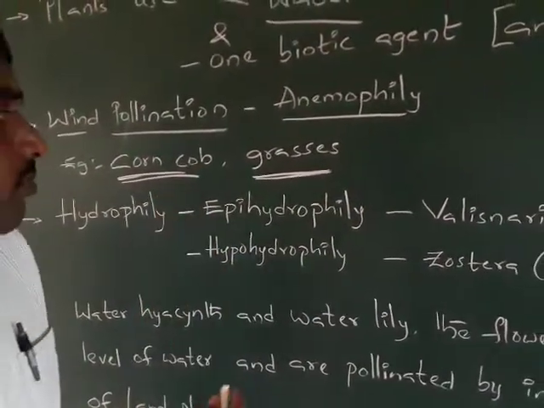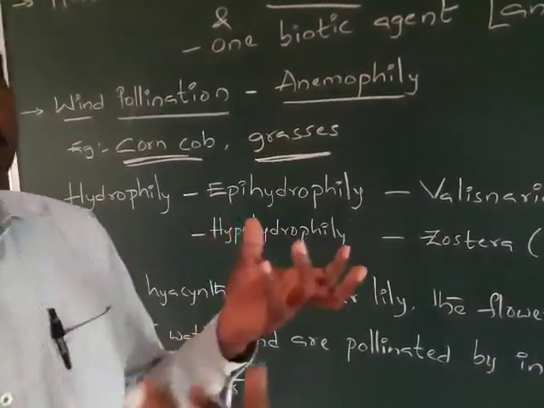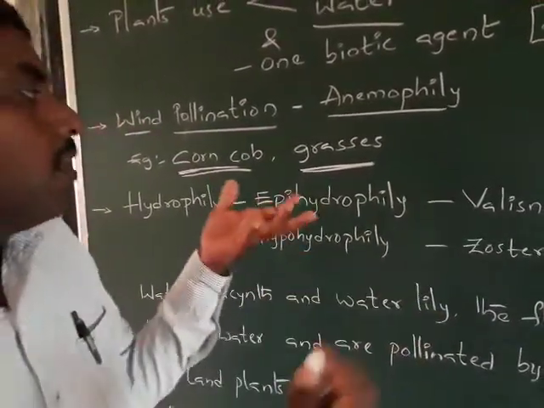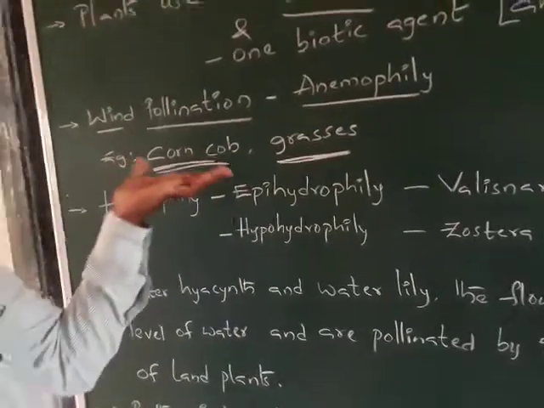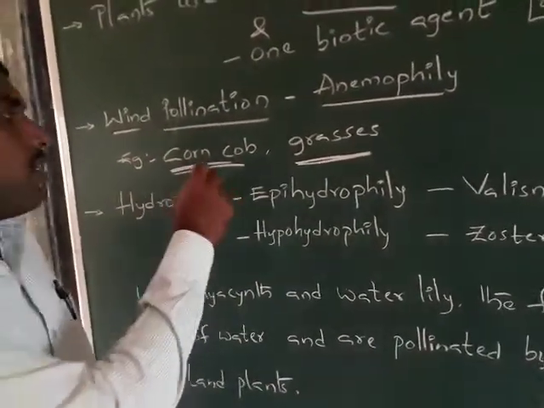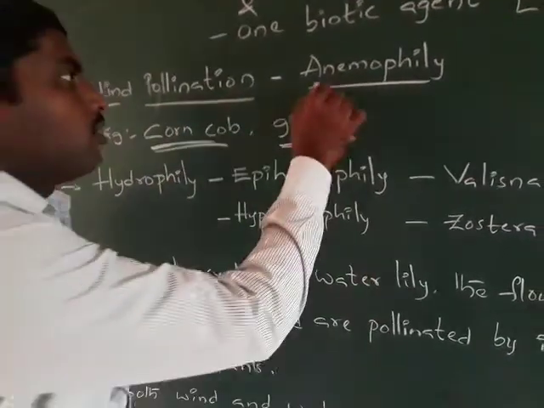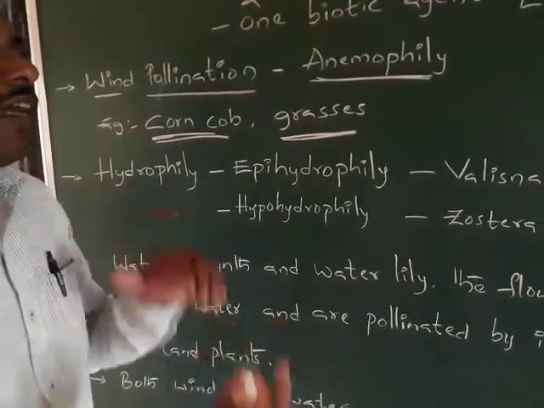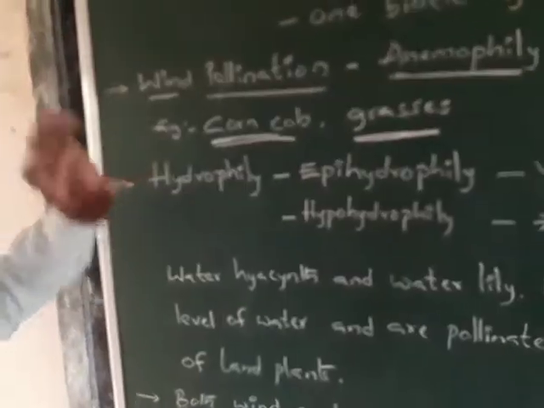They are feathery, moving in the wind, and accepting the airborne pollen grains from the wind. This is about wind pollination. Anemophily is nothing but pollination by the wind.